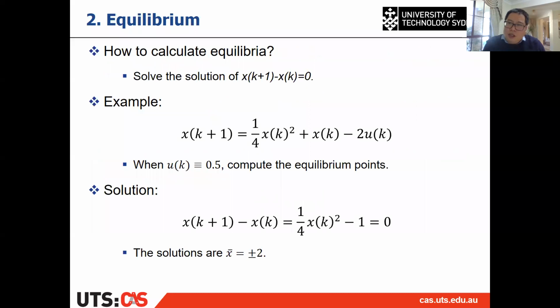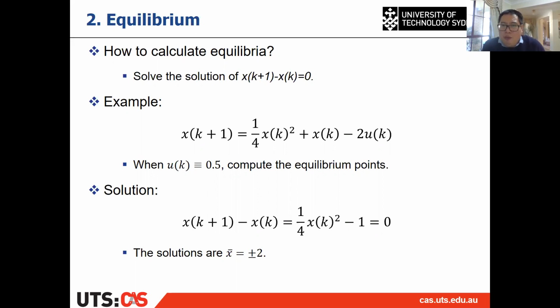So the question is, we know the equilibrium point, but how do we calculate it? Because we know at the equilibrium point, the state will never change, will keep the same forever, right? Then x_{k+1} is equal to x_k. Is that right?